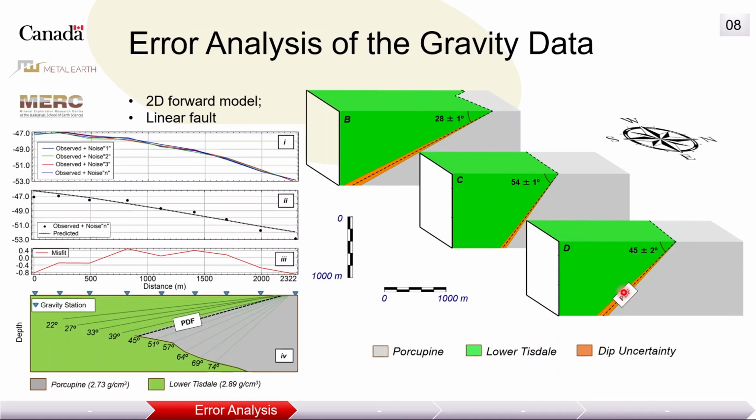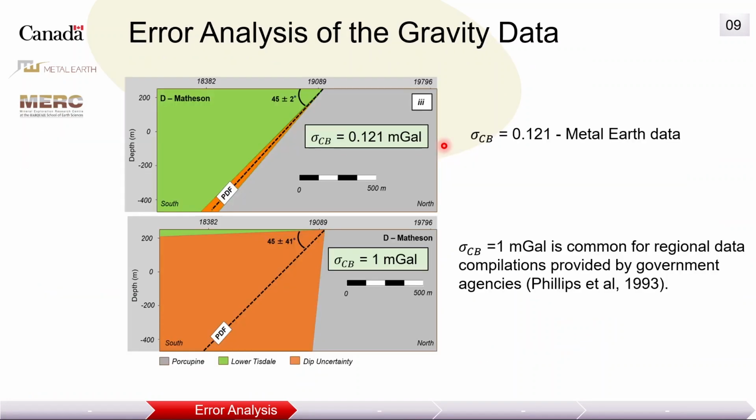So that 0.121 milligauss means that we're going to have this uncertainty in our model when we take that error into account. That's pretty remarkable, and we can say, okay, let's use this.